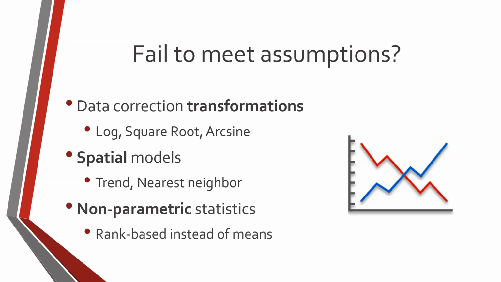Finally, the third option for us would be to use non-parametric statistics. That actually just throws out AOV and its assumptions. Instead, we're analyzing the data by ranking the assessment values. Instead of dealing with means and standard deviations, we're totally not doing that process.